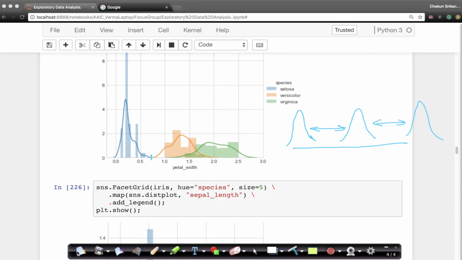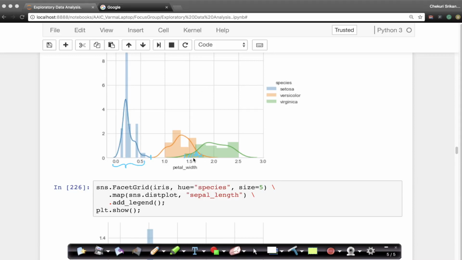Now, if you compare petal width with petal length, in petal length your whole setosa was very well separated from versicolor and virginica. Here there is a small intersection, and of course there is some overlap here. But this overlap is almost roughly the same amount as you would find in petal length.